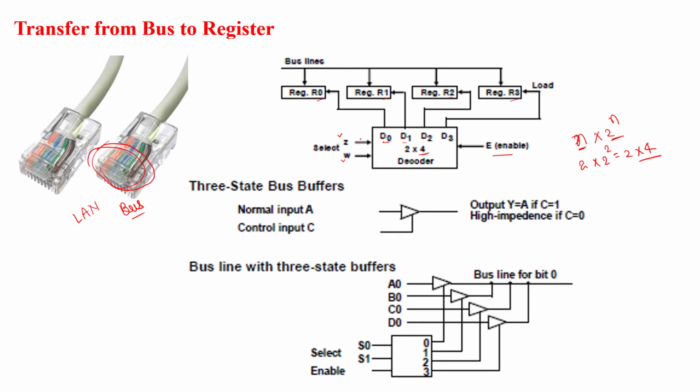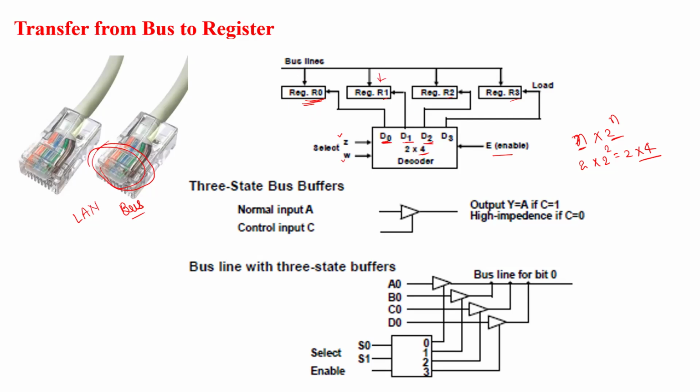On the basis of that, suppose D0 output is active, then register R0 will be loaded with the contents of the bus, whatever contents are available on the bus at that time. When D1 is the output, register R1 will be loaded.